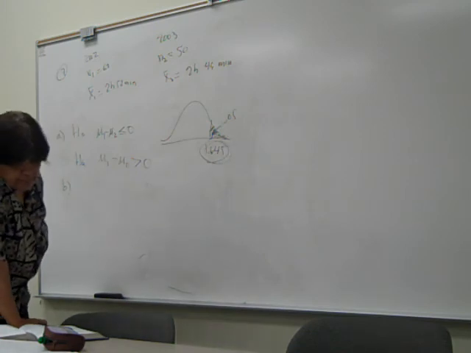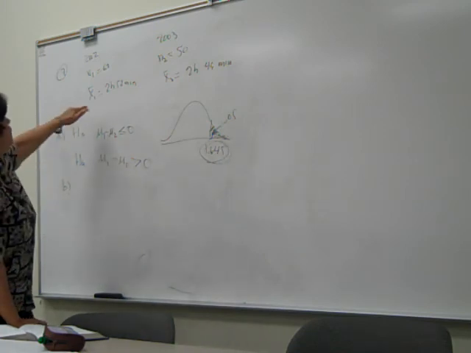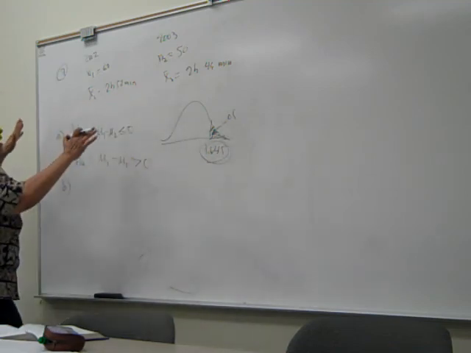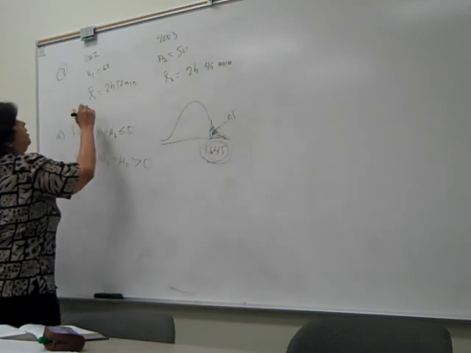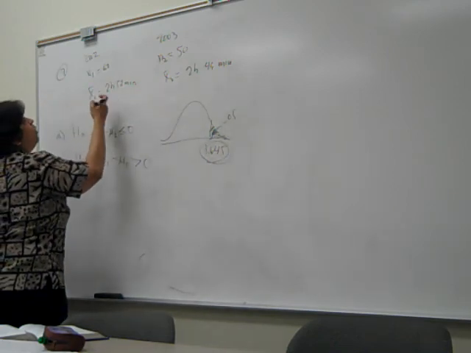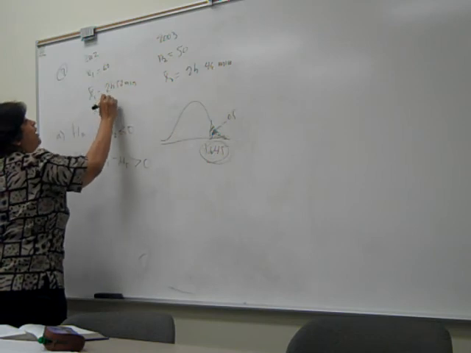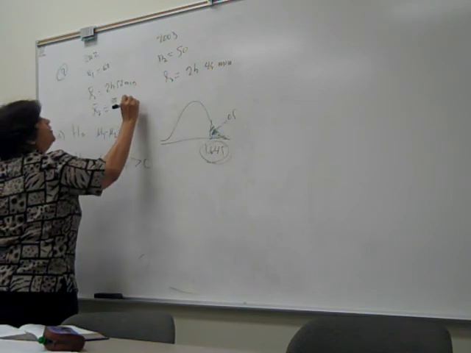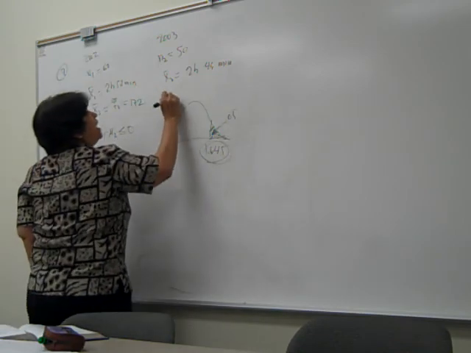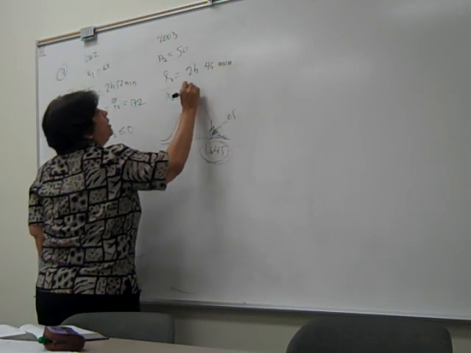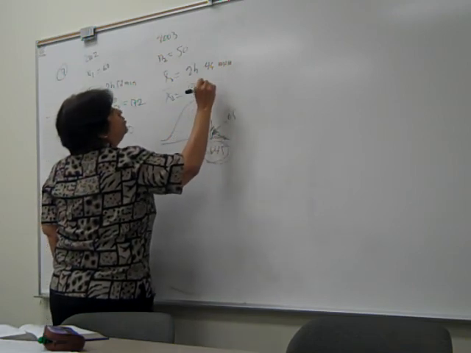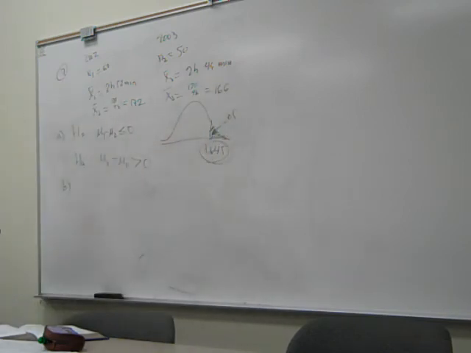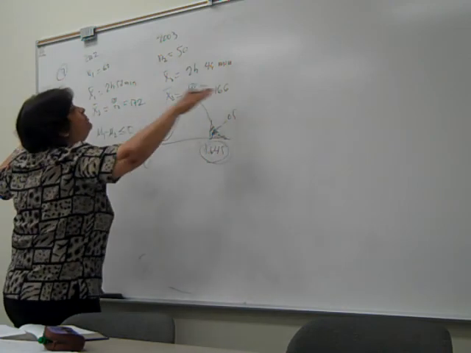What's next? What is the point estimate of the reduction in the duration of the games? We cannot do this as it is; we have to convert to minutes. So x1 bar is 120 plus 52, that's equal to 172 minutes, and x2 bar is 120 plus 46, that's equal to 166, because we convert everything to minutes.